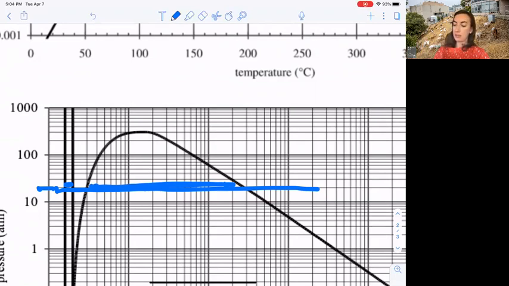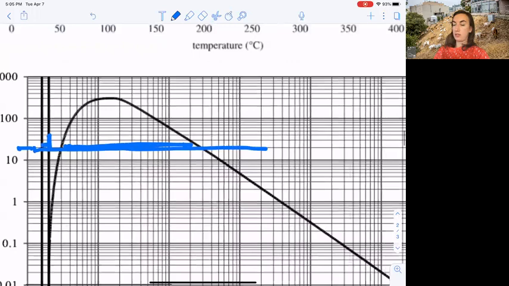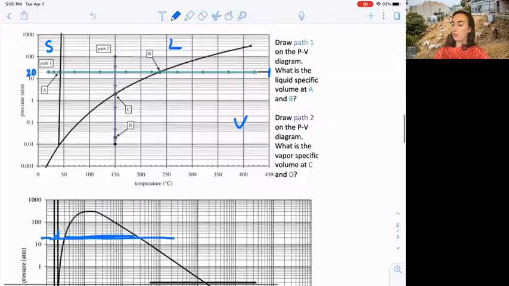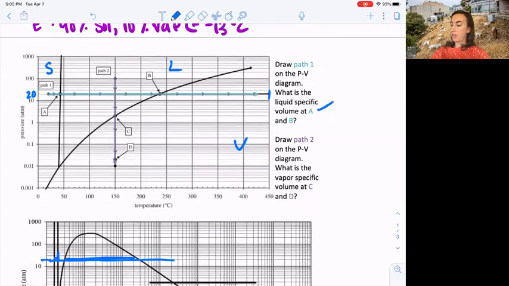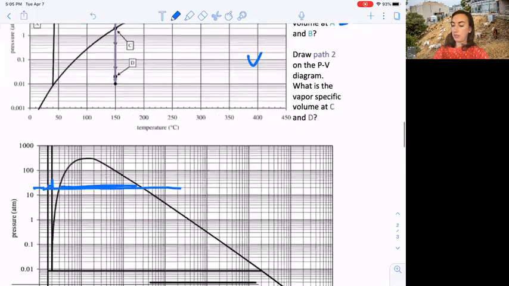And so our liquid specific volume will be along this line here. And so if we read down, that's about 0.0002. So our answer to the first part of that question, what is the liquid specific volume at point A, is 0.0002. And then point B, we also want the liquid specific volume.